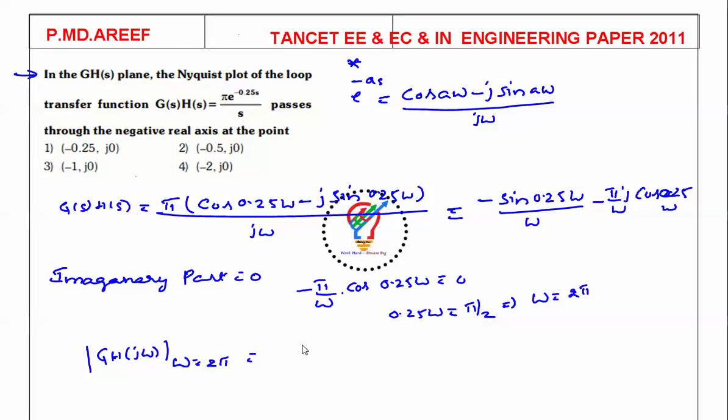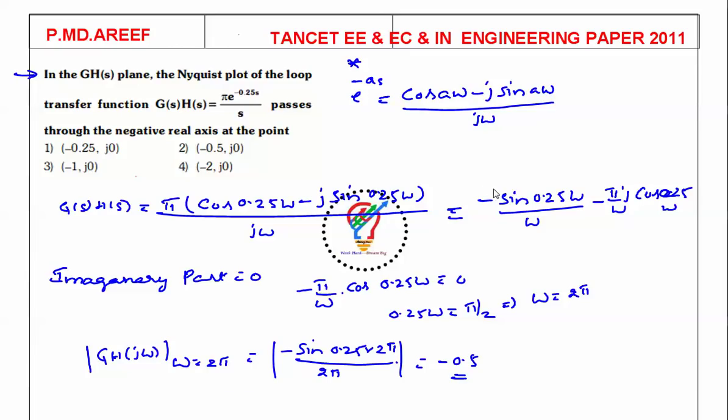Taking the real part only, minus sin 0.25 times 2 pi, divided by 2 pi, which equals minus 0.5.